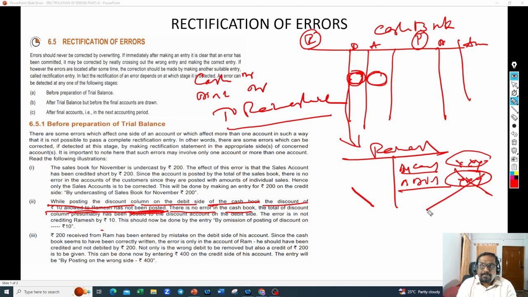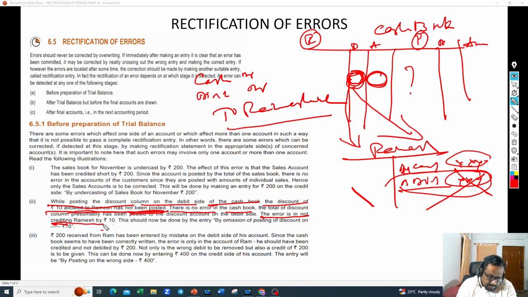How has the impact happened? Has the impact happened here in the cash book? No, because I have written here, I have written here. But while posting this into Ramesh account, I forgot to post this discount portion. So the mistake has happened only on the credit side of Ramesh account. So for that, the error is in not crediting Ramesh by 10 rupees.